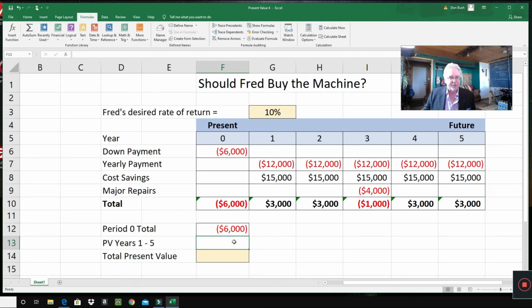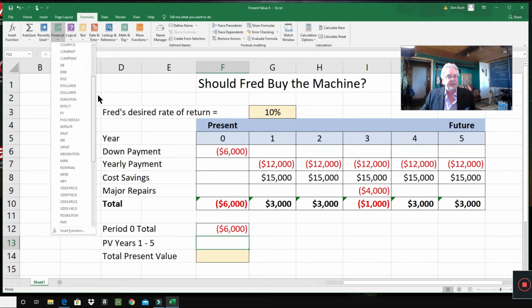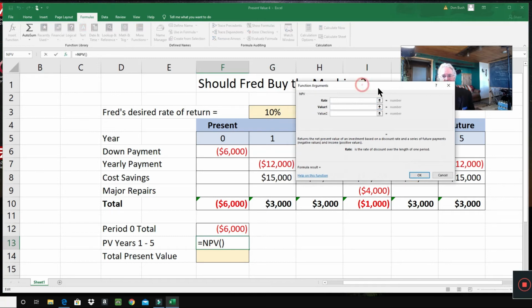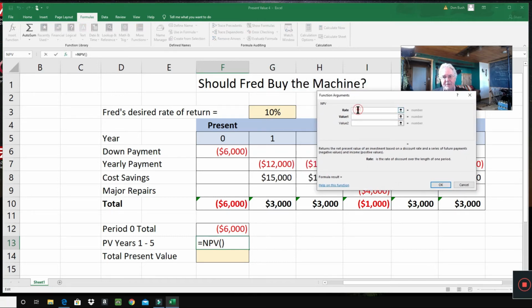So just like we did before in previous episodes, all we're going to do is go up here to formulas, to financial, down to NPV. There we are, NPV. And the rate is going to be 10%. I could type it in. I could also click on 10% here.